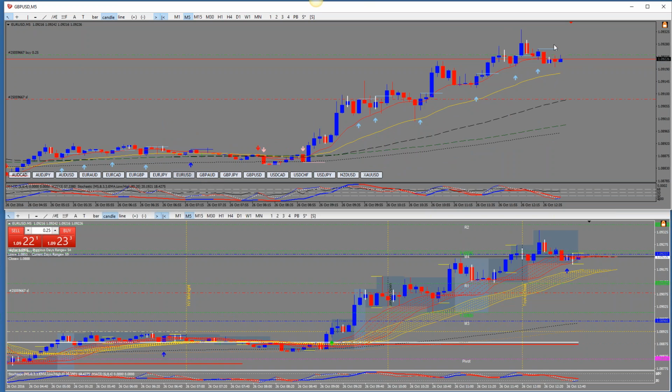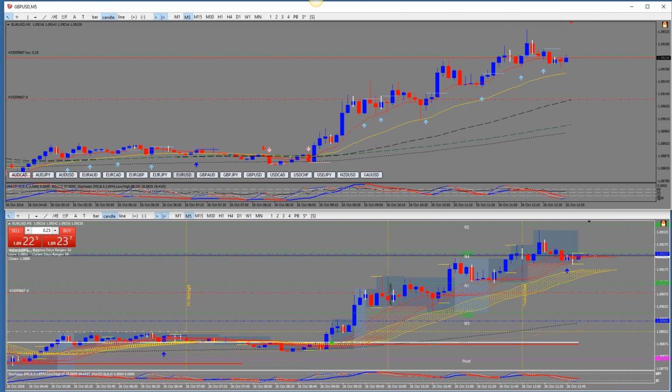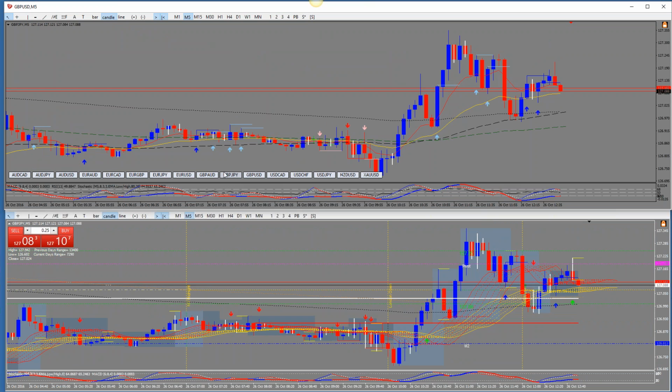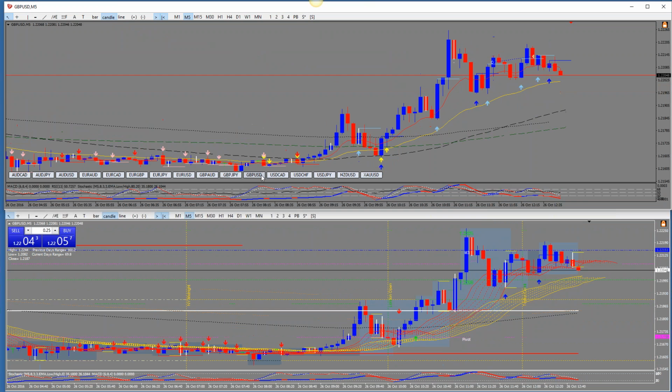Euro dollar, it's wanting to go up. Pound Aussie's bouncing off the 200. Let's see what happens there. Nothing on the pound yen. Nothing on the pound dollar.